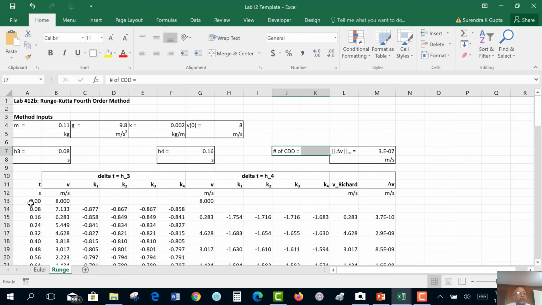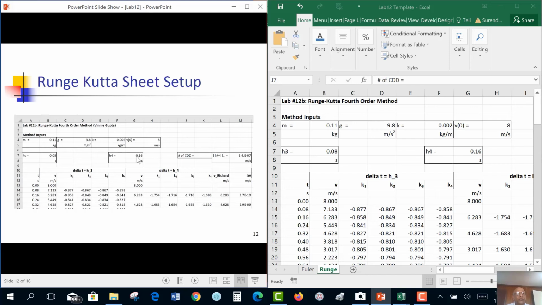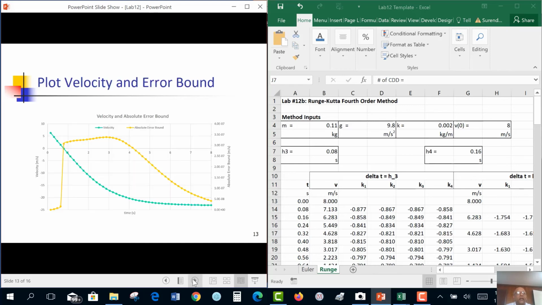And we just need to now create a plot. So the next thing what we want to do is, so this is my table. These are my some initial values that you can compare against. And we are going to generate a velocity and absolute error bound plot.